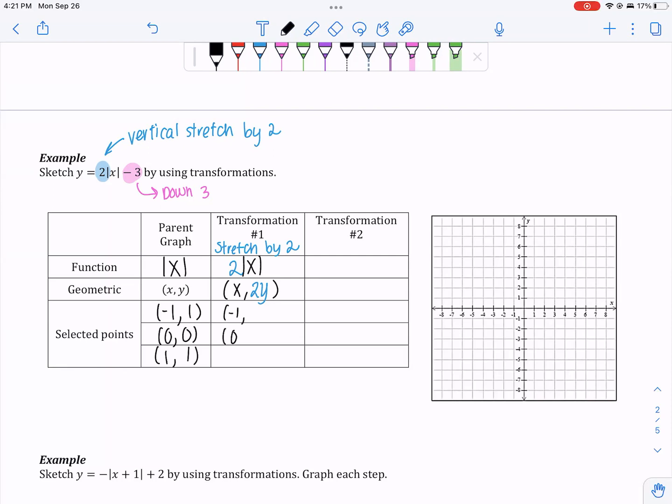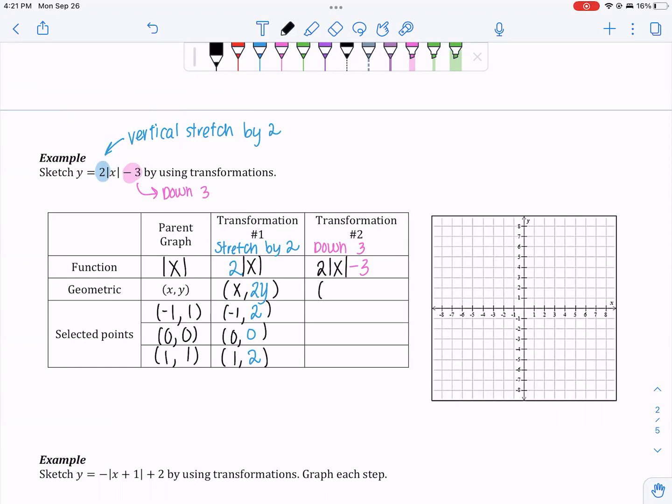Leaving the x values alone, multiplying y by 2. I'm then going to shift everything down 3, which will give us our final function, 2 absolute value of x minus 3.